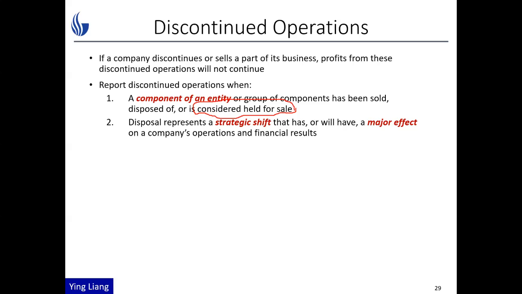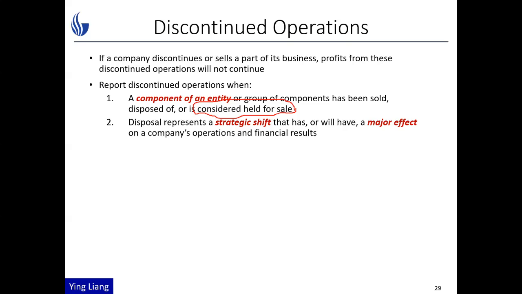And two, the disposal represents a strategic shift that has or will have a major effect on the company's operations and financial results. Now, for the first item, a component of an entity includes activities and cash flows that can be clearly distinguished, operationally and for financial reporting purposes, from the rest of the company.